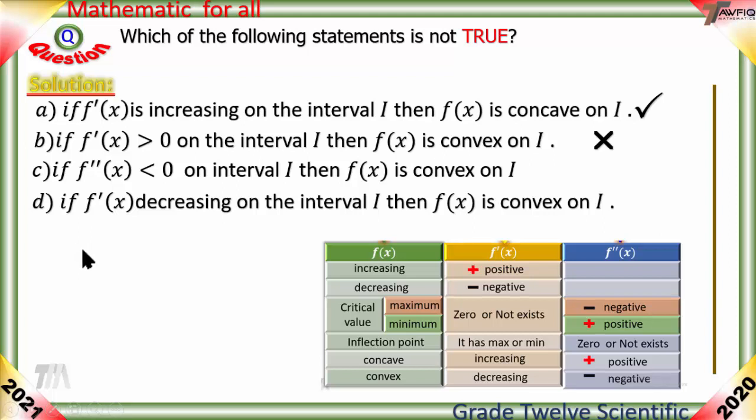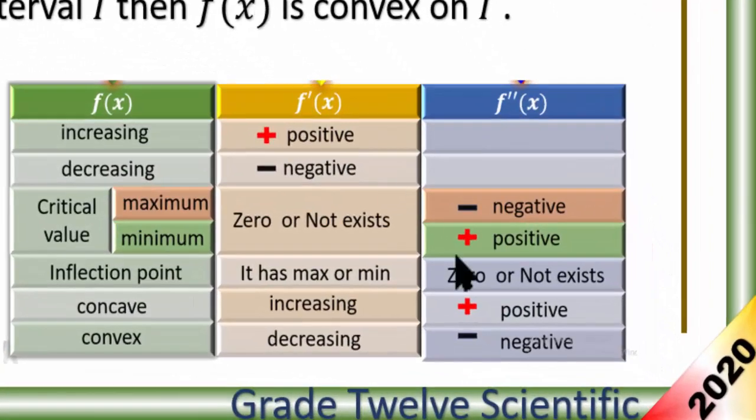To complete the explanation, if f double prime of x is less than 0, that means f double prime is negative in interval I, then f of x is convex. As you can see, the second derivative is negative and the function is convex.